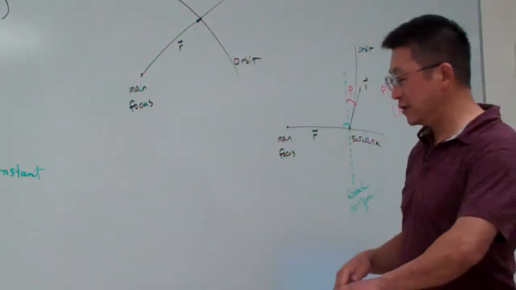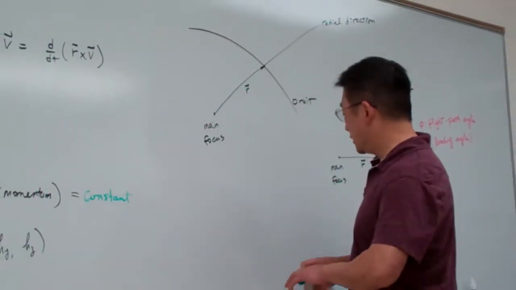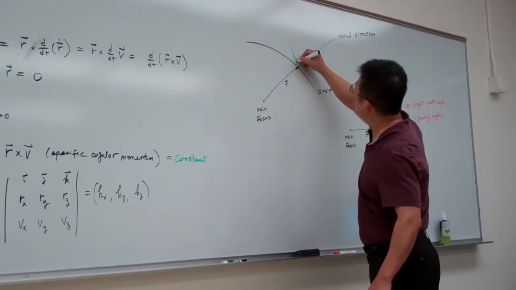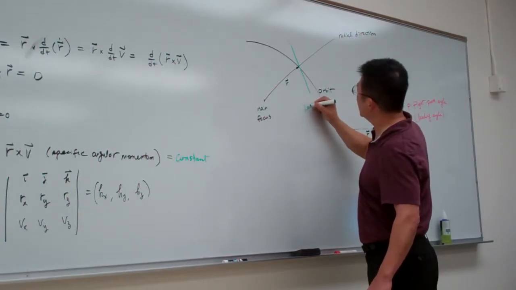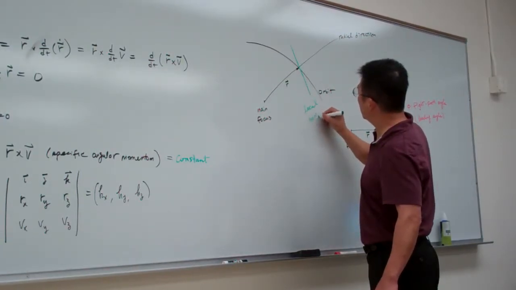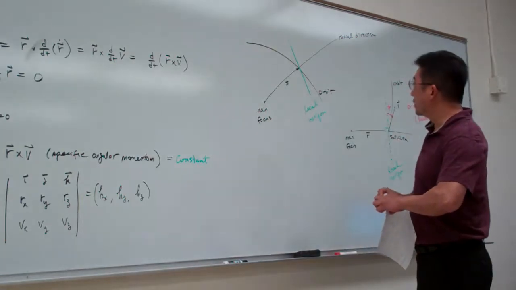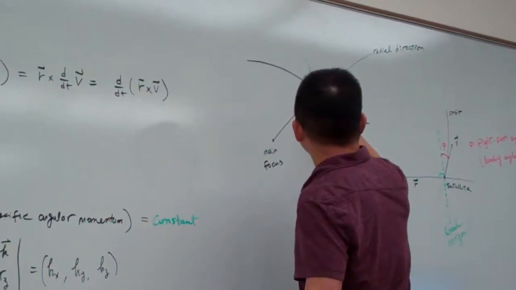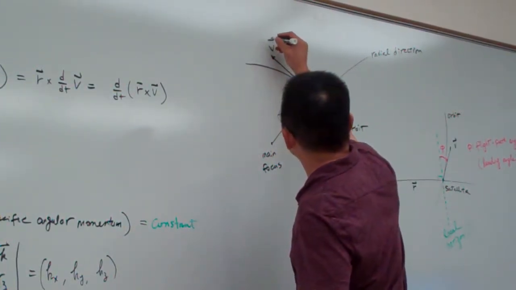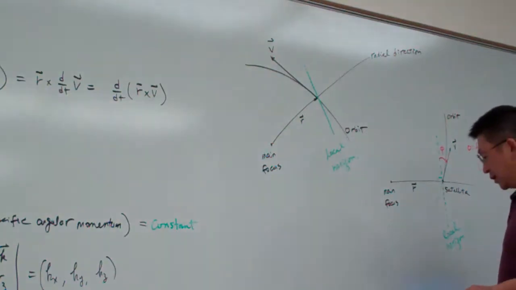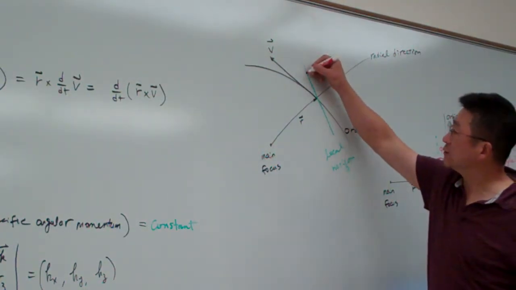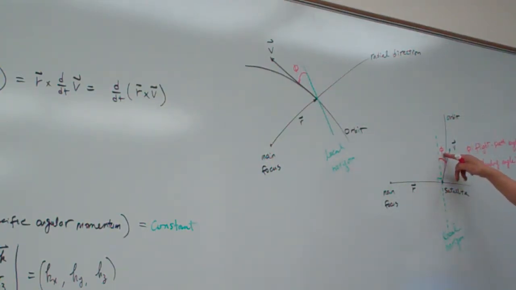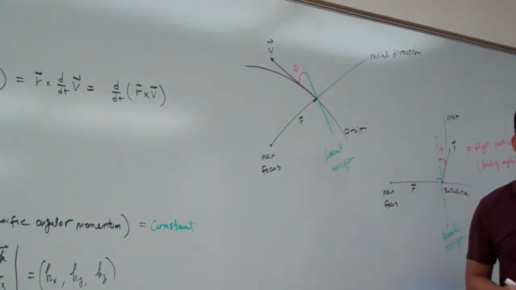So let me go back to here. This is the local horizon, and this is the velocity. By definition, the angle we measure from here to here is phi. Compared to this one, this is a positive angle and this is a negative angle.